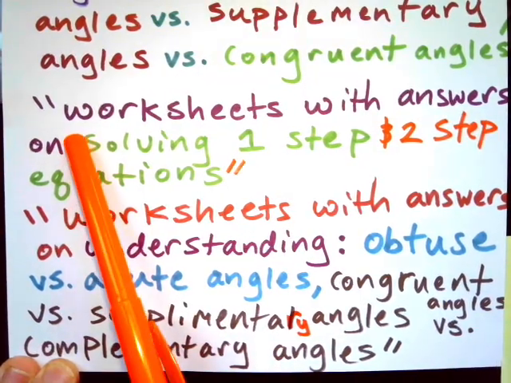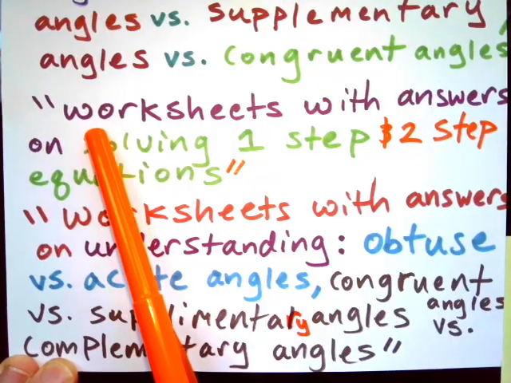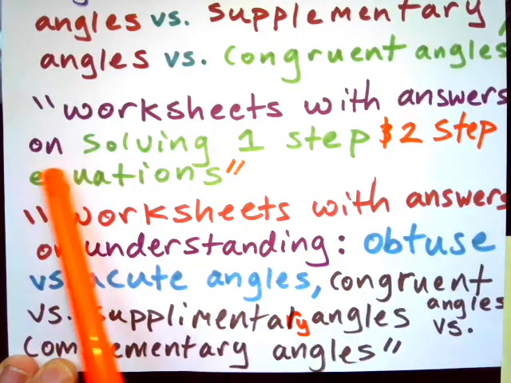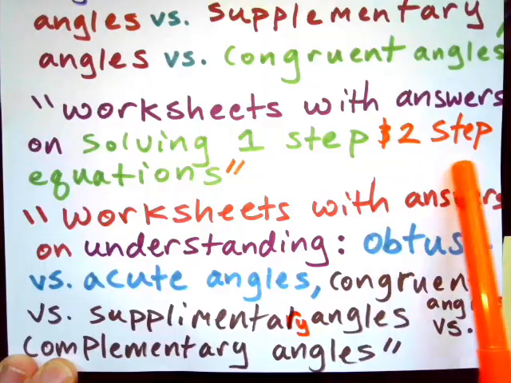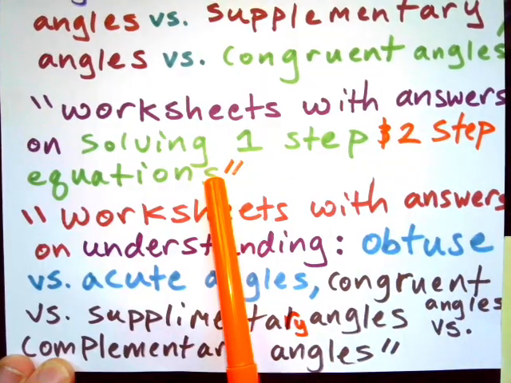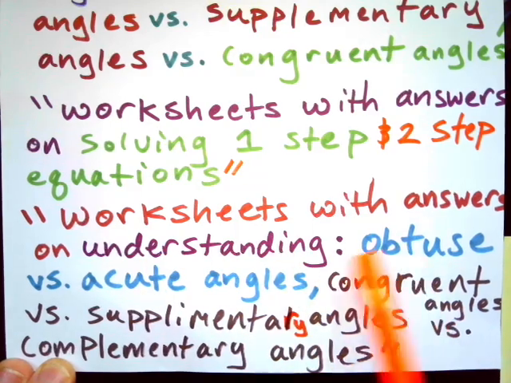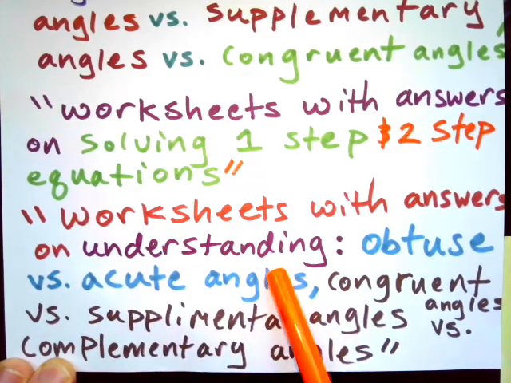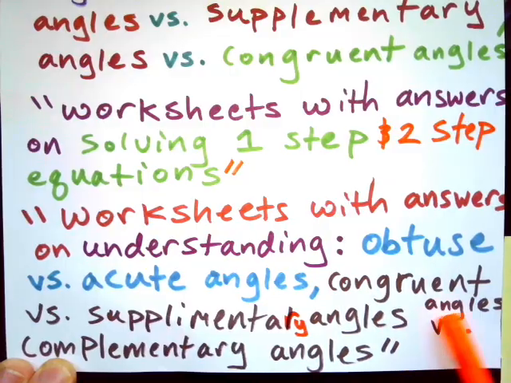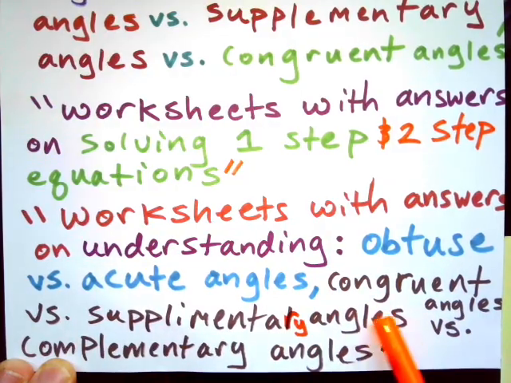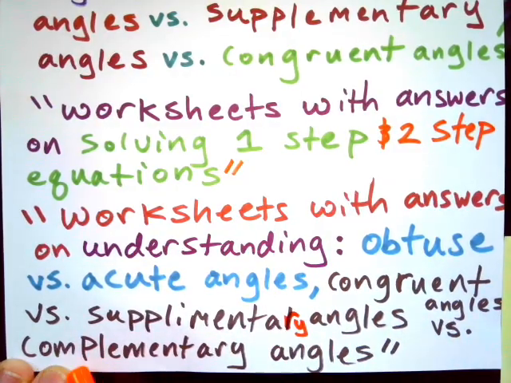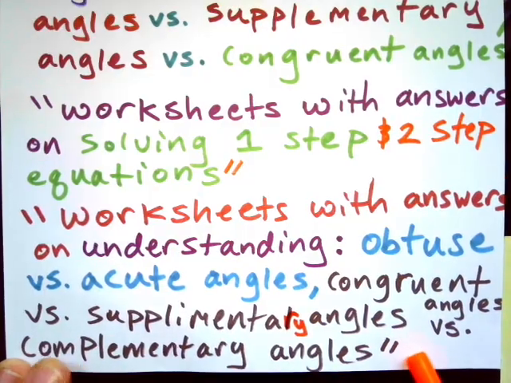Also, do an internet search for worksheets with answers on solving one-step and two-step equations, and worksheets with answers on understanding obtuse angles versus acute angles, and congruent angles versus supplementary angles versus complementary angles.